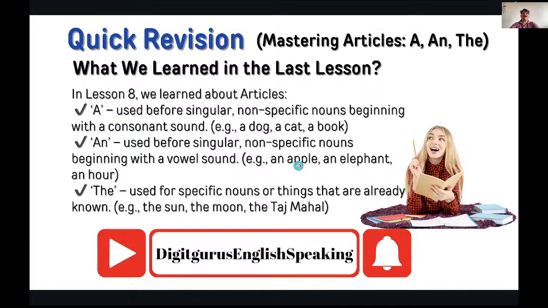Let us quickly practice it. I will say the sentence and you will have to type the answer in the chat box. Let me understand whether you got the previous lesson or not. Here we go.